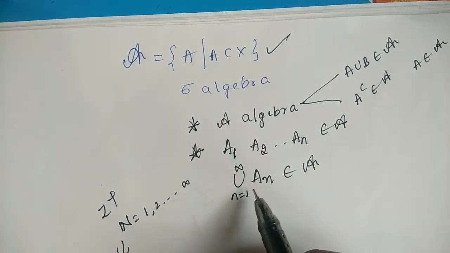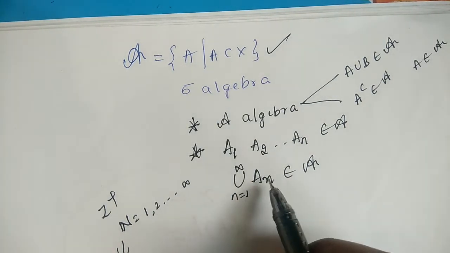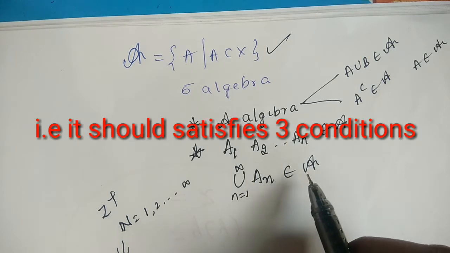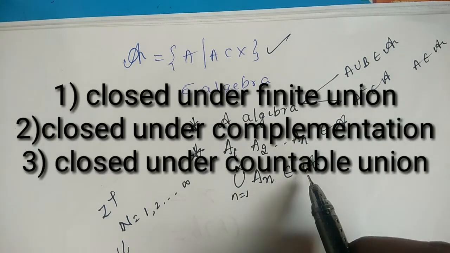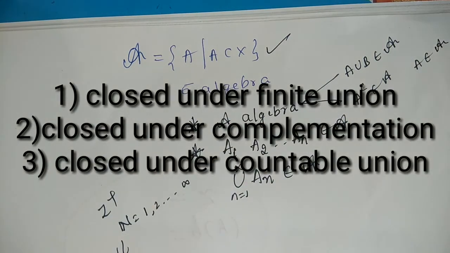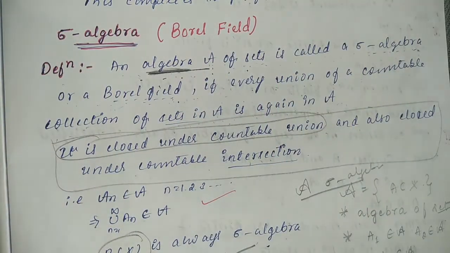The union of An, n from 1 to infinity, also belongs to A. Then we say that the collection is a sigma algebra. Is it clear?